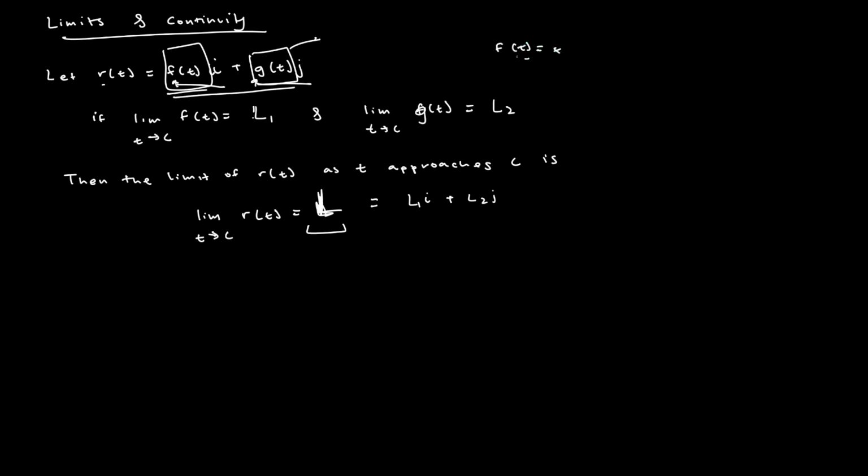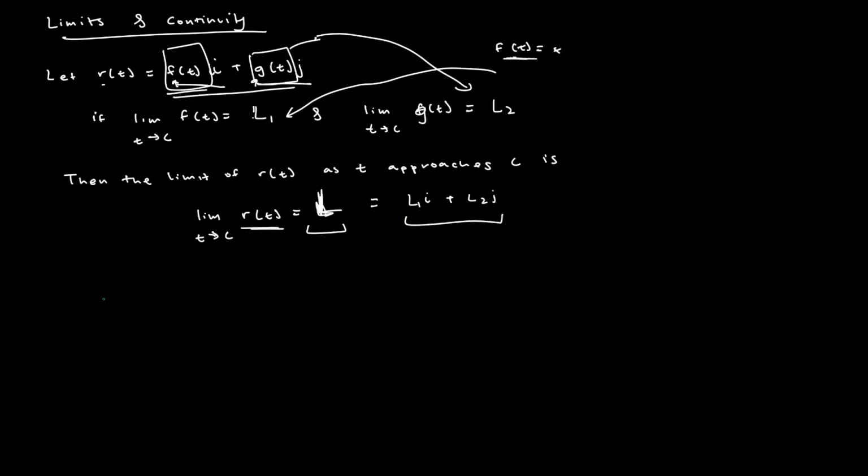So we have a function of t that defines x, and we just found the limit of that, which we already know how to do. We know how to deal with single variable functions, and we did the same thing with y, and then we just concatenated it to find the vector limit as t tends to c, because at the end of the day we want to find the limit of the vector.